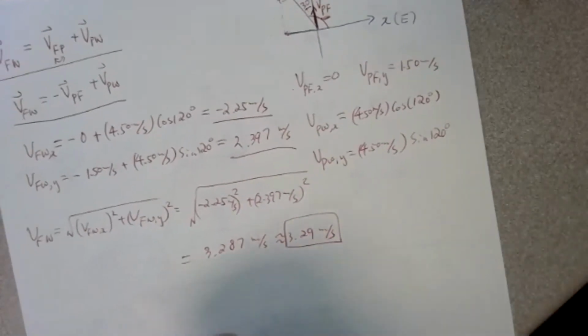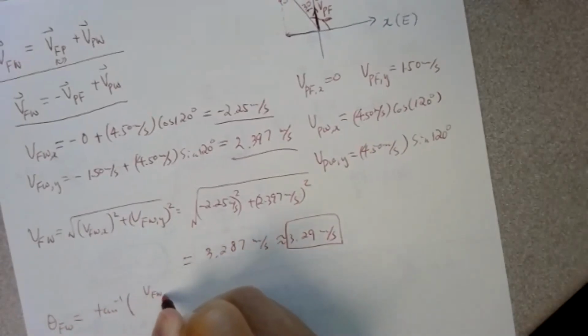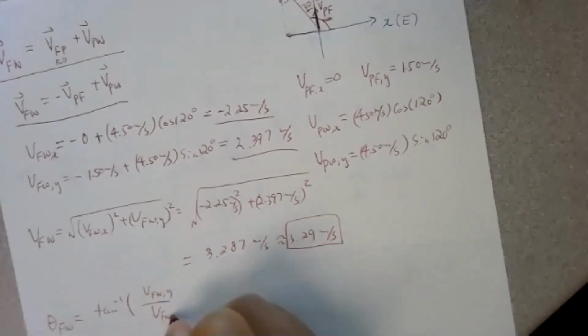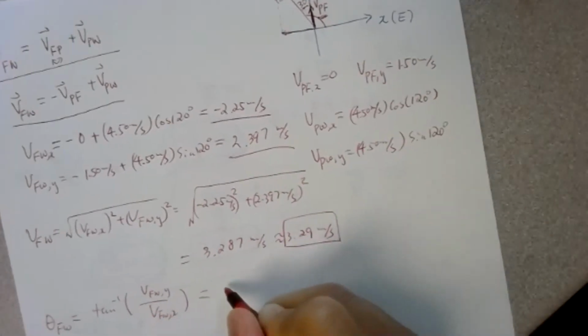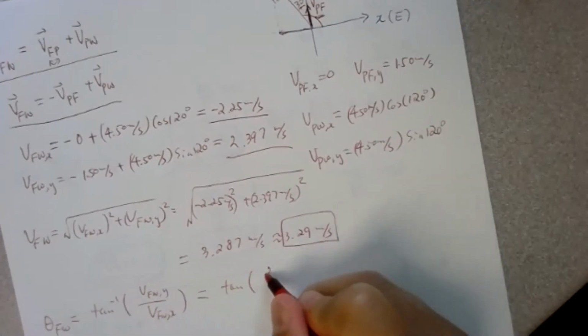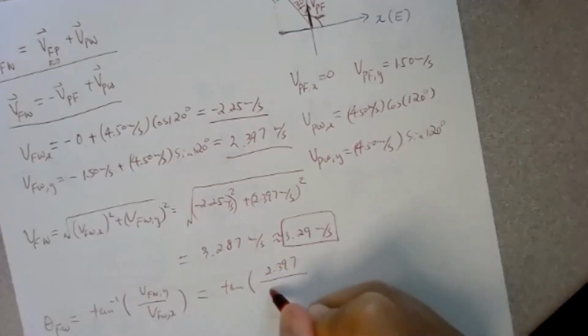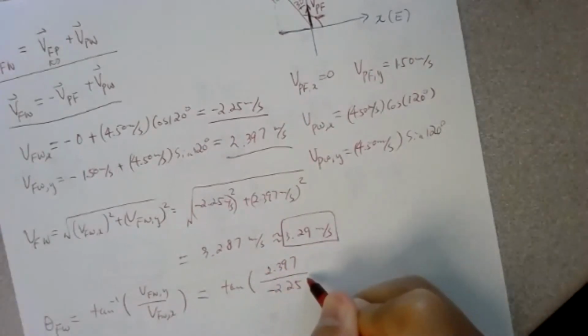My directional angle, I can do theta of FW, which will be tangent inverse of the y over the x. Okay, so tangent inverse of 2.397 over minus 2.25.